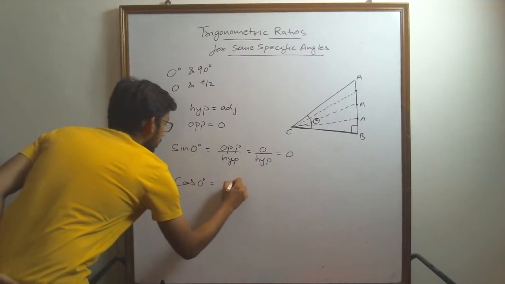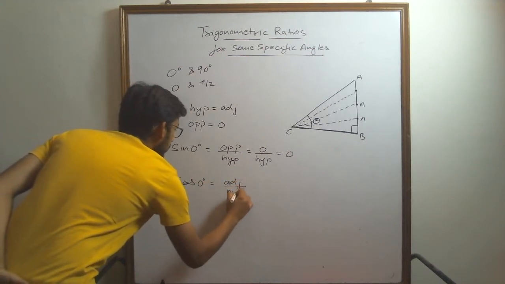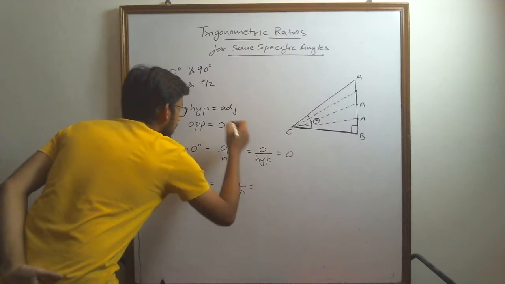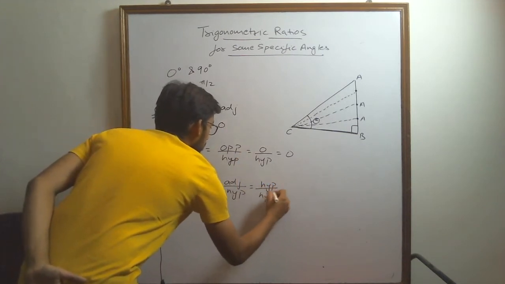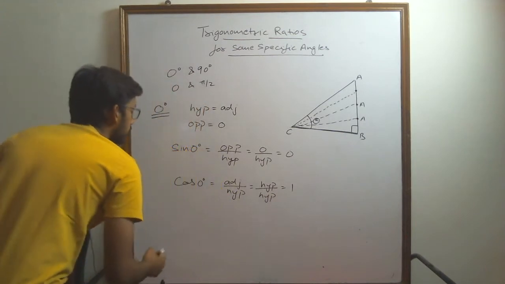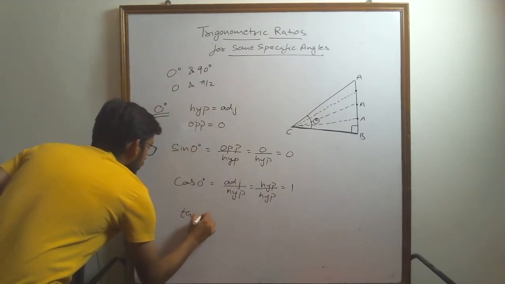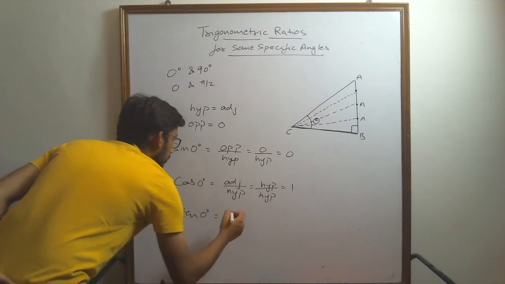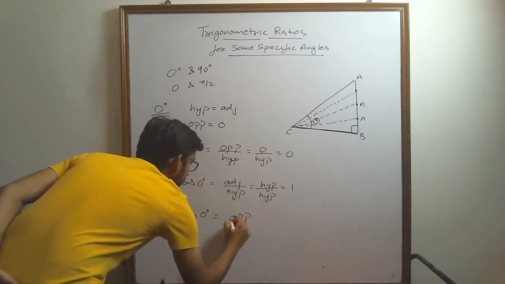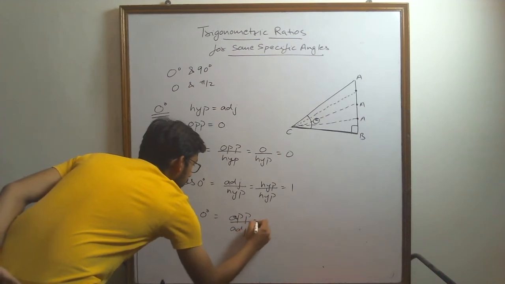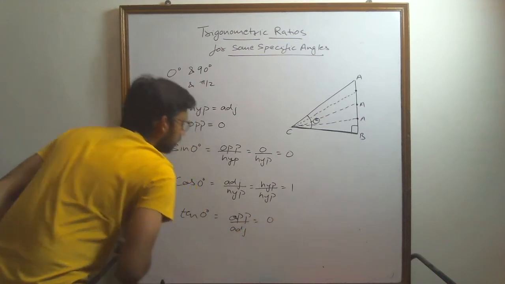This is adjacent upon hypotenuse. Now adjacent is same as hypotenuse, so this is hypotenuse upon hypotenuse, which is equal to 1. So cos 0 is 1. Tan 0 degrees is equal to opposite upon adjacent. So this is 0 upon adjacent, which is 0.